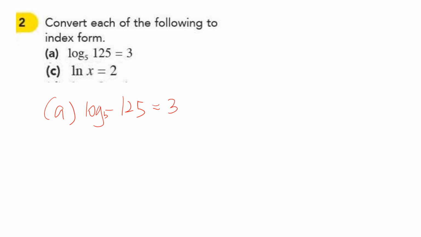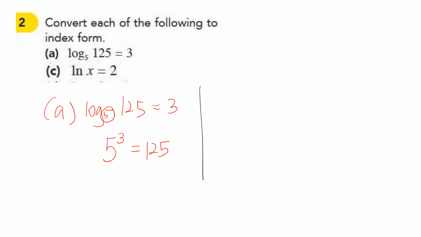The base is very important. The base will provide for you the support. Without the support, you will collapse. So just look at the base here, and in 2a, we're dealing with base 5. So start off with 5, then 5 to the power of 3 will just give you 125. And that's it.